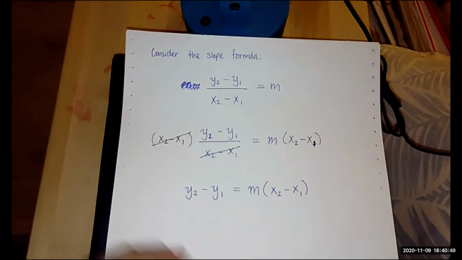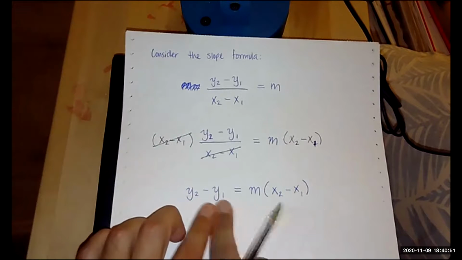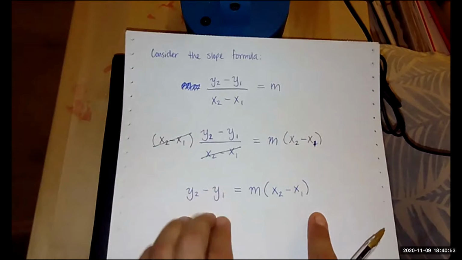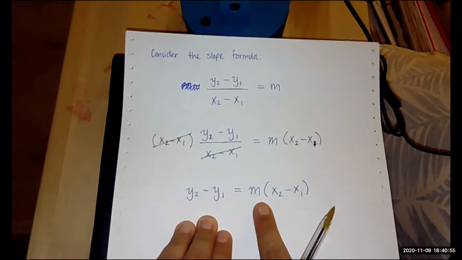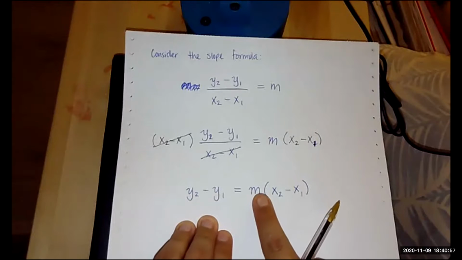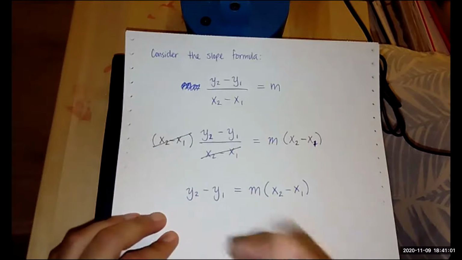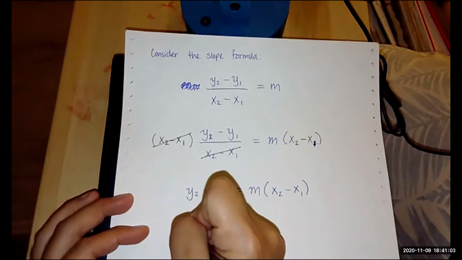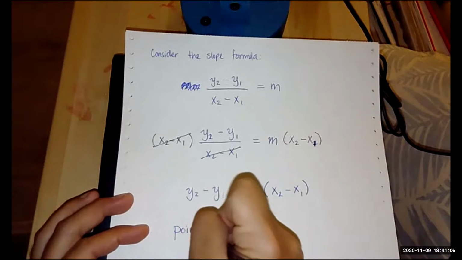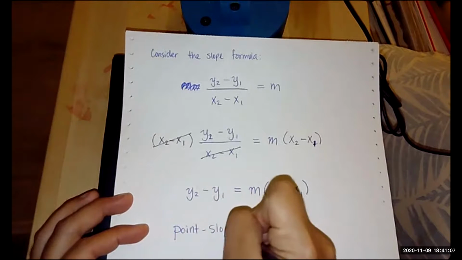Well, it turns out that this form, where you have the y's by themselves over here and the x's over here with the m, is called point slope form.